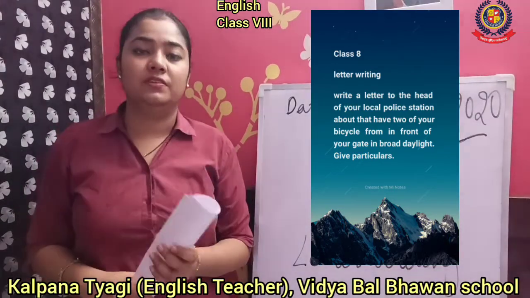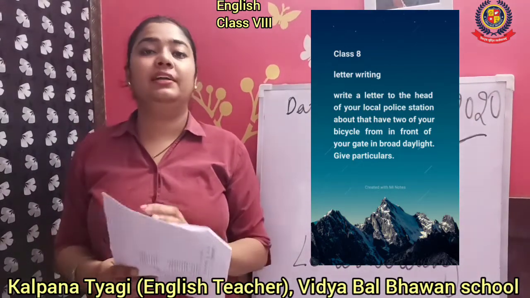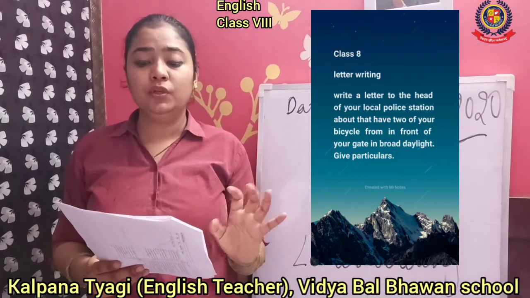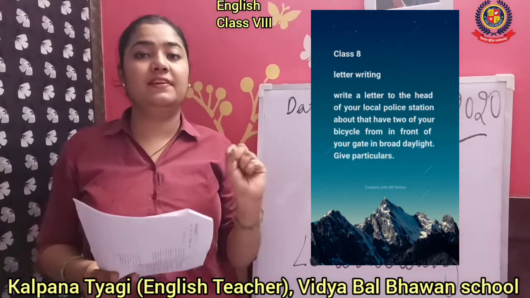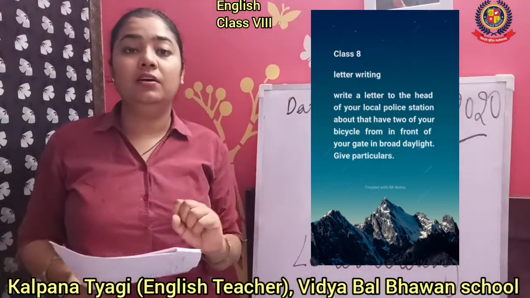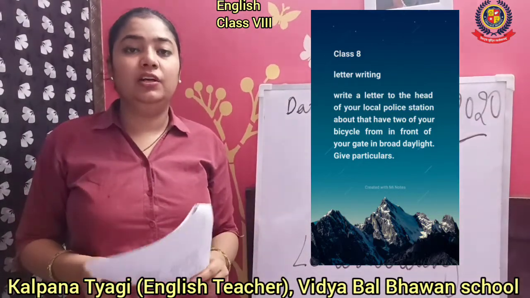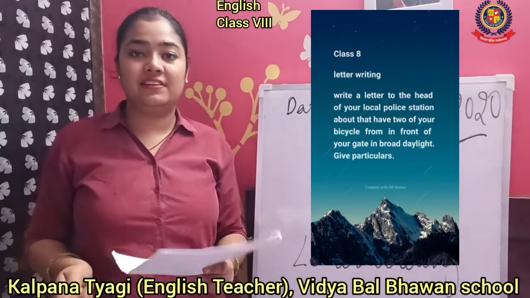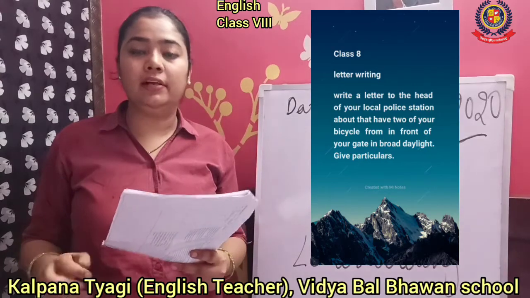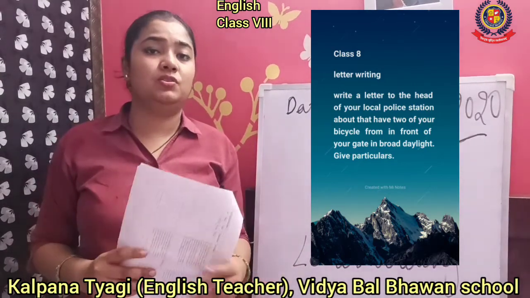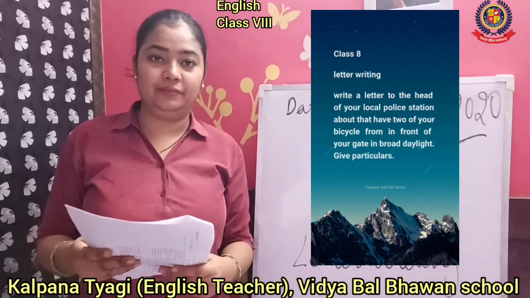Students, this question is saying that you have to write a letter to the head of the police station, which means the SHO of your area's police station. In this letter, you have to mention that your bicycle has been stolen, and write all the details about it: when, where and how it was stolen. So, let's start the letter.